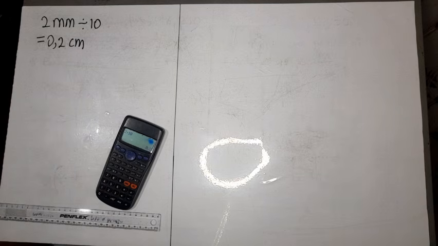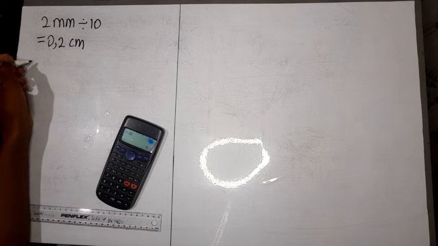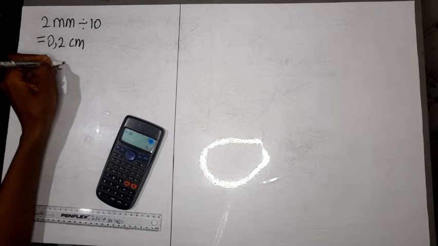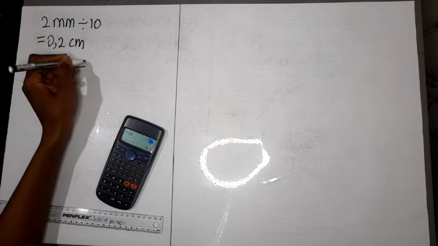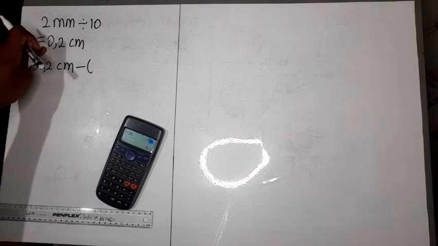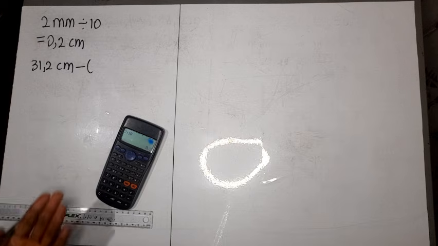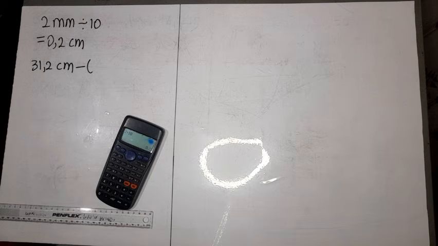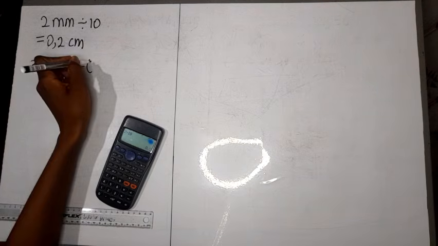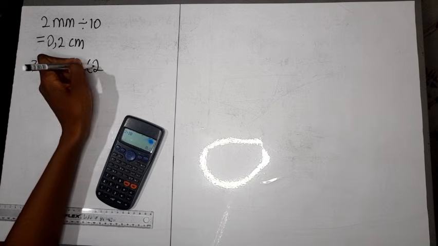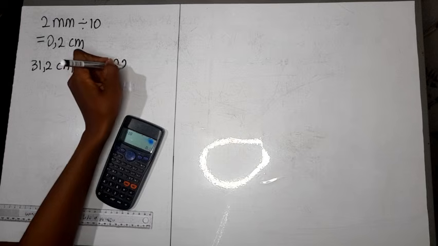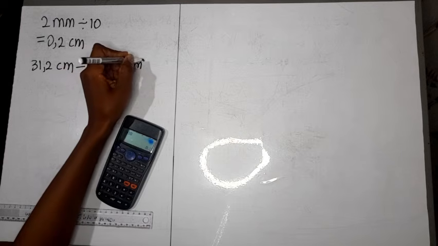Now we're going to take the outside diameter, which is 31.2 centimeters, and subtract two thicknesses, two walls, which is the wall on the bottom of the bucket and the one that is around the bucket. We are going to say 2 bucket walls multiplied by the thickness of the bucket wall, which is 0.2 centimeters.